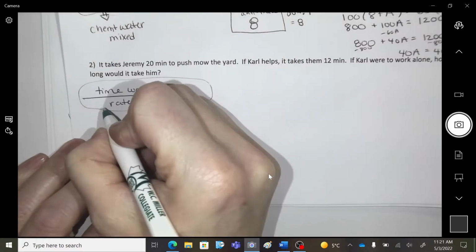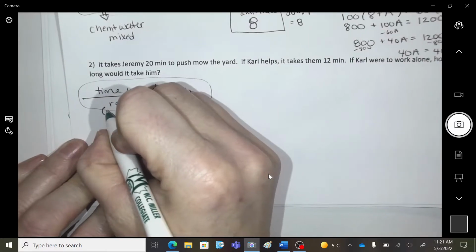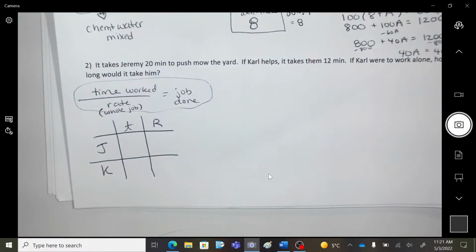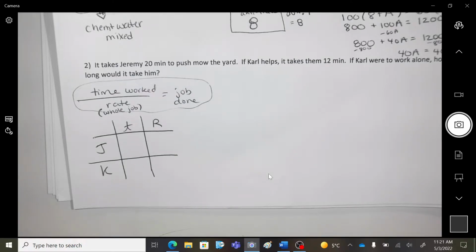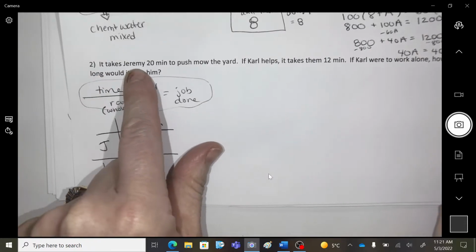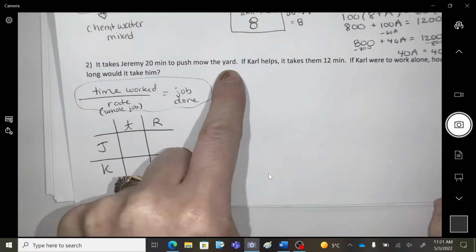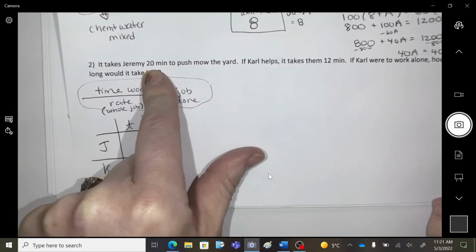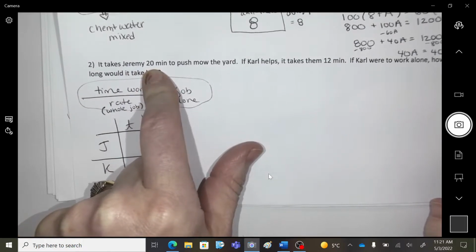Okay, a rate is the whole job, by the way. A rate is how long it's taking you to do a whole job. That's what the rate is always. Okay, it takes Jeremy 20 minutes to push mow the yard. Is that the time that Jeremy worked or the rate for Jeremy to do the whole job?